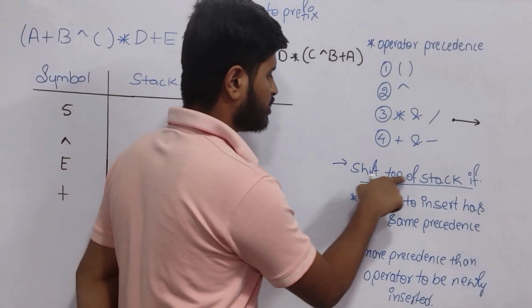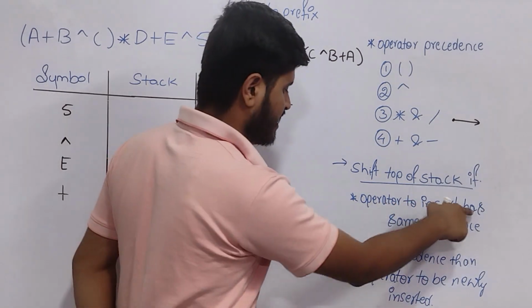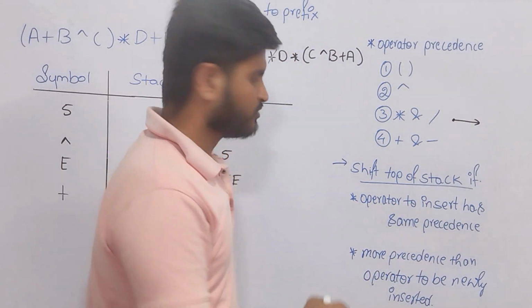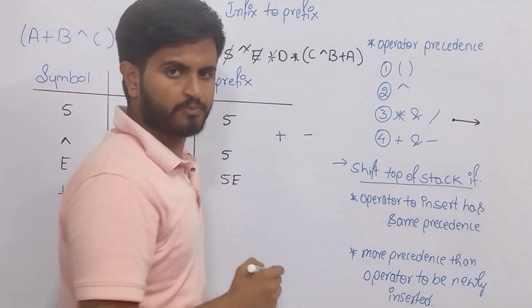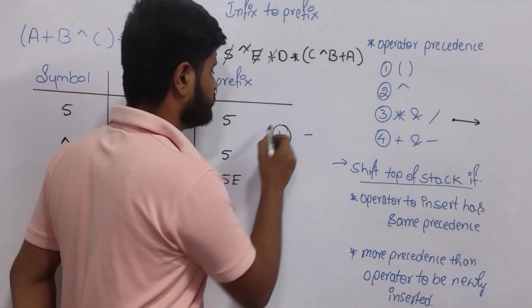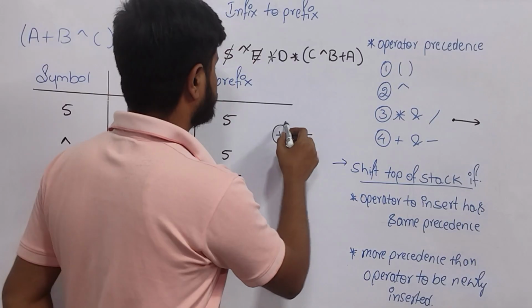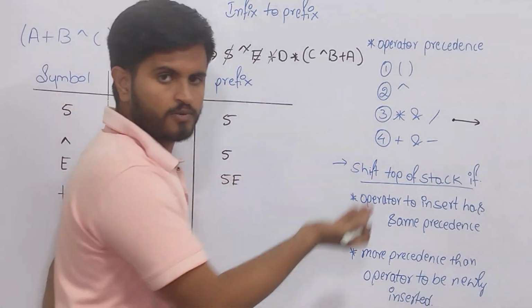First, shift the top of the stack if the operator to insert has the same precedence. If the top of the stack has plus and now you want to insert minus, both have the same precedence. Then you take this plus and push it to the prefix from the stack. If same precedence, push it.